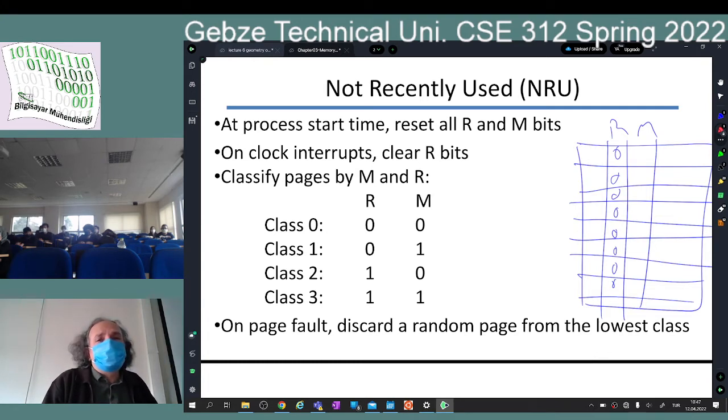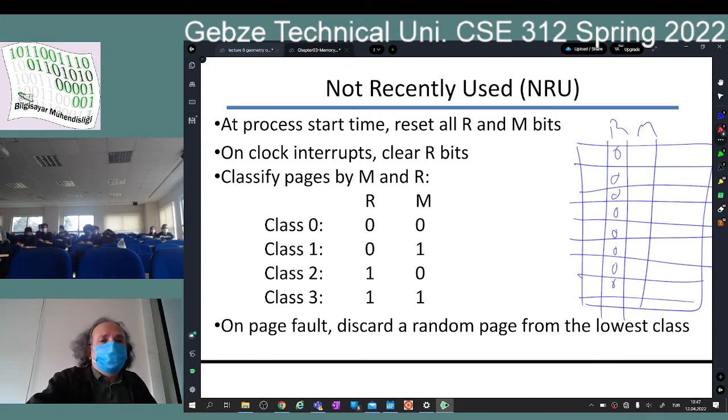And if the not recently used is causing 100 page replacements, there is a difference of 50 page replacements. You are doing an extra 50 page replacements, and that's not good. So you are doing twice the page replacements of the optimal. So that's how the not recently used works.